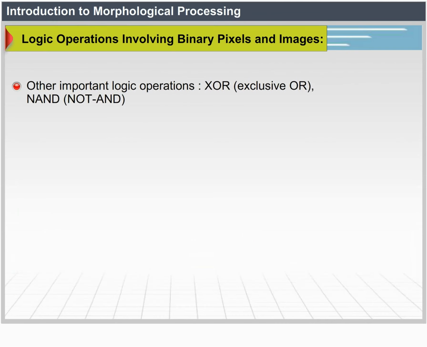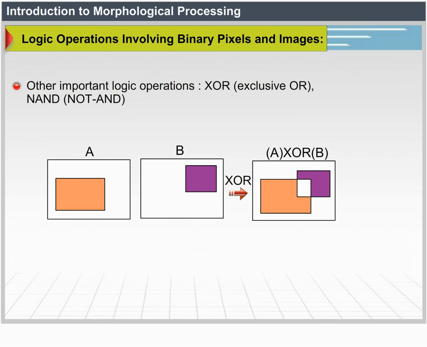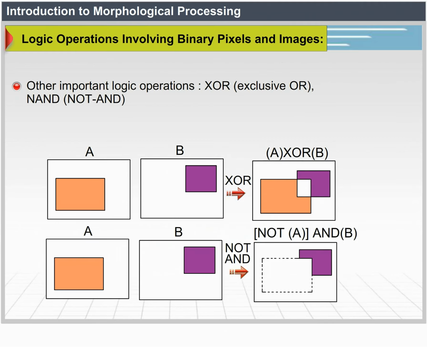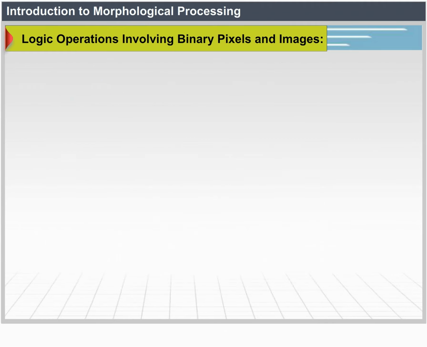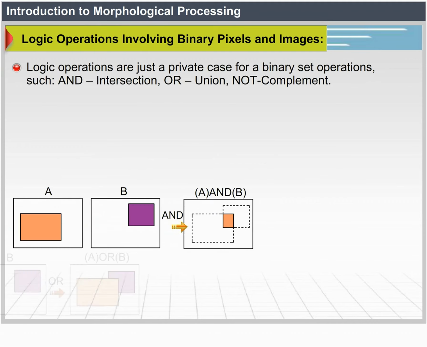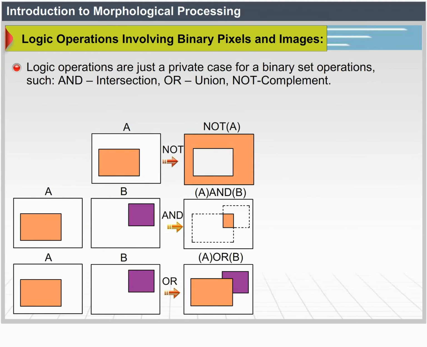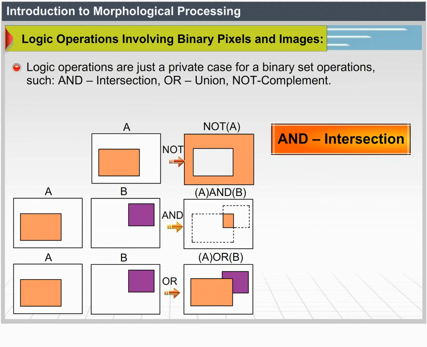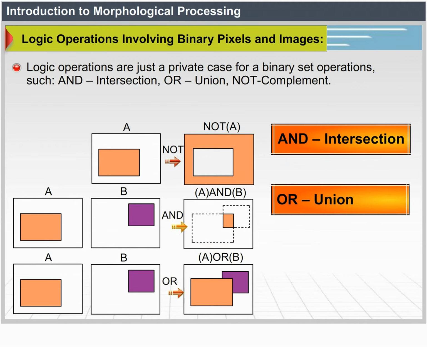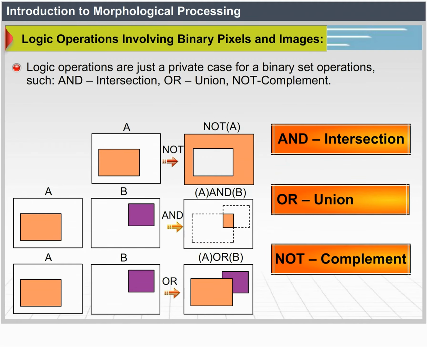Other important logic operations are XOR (exclusive OR) and NAND (not AND). Logic operations are just a special case of binary set operations such as AND (intersection), OR (union), and NOT (complement).